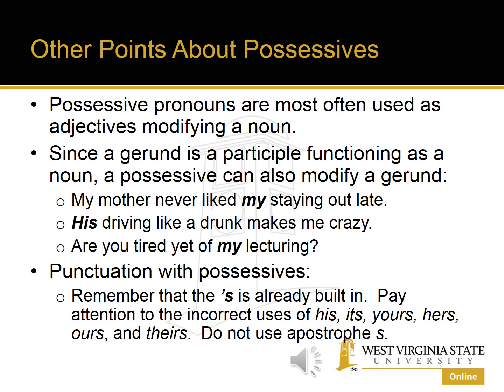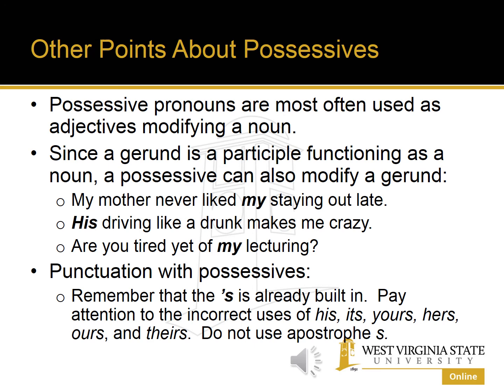My mother never liked my staying out late. I often hear a mistake here. My mother never liked me staying out late. But staying is a gerund, and therefore the adjectival pronoun preceding the noun should be a possessive pronoun.